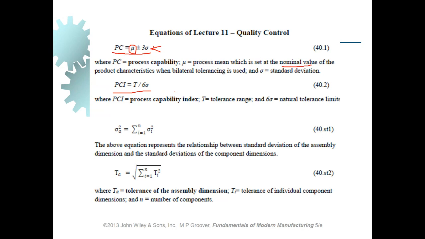There is a table that I will show you later on, which is giving us a clear picture of how PCI can be related to the number of scrapped parts in the production process. T is representing the tolerance assigned to the part or to the assembly, and sigma again is the same parameter that we had before, that is the standard deviation.